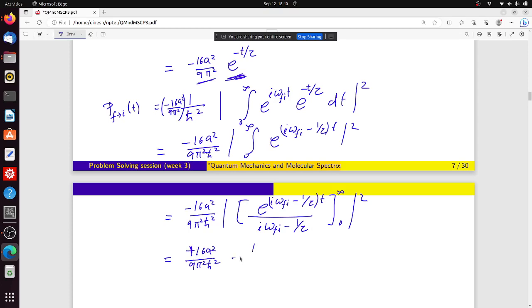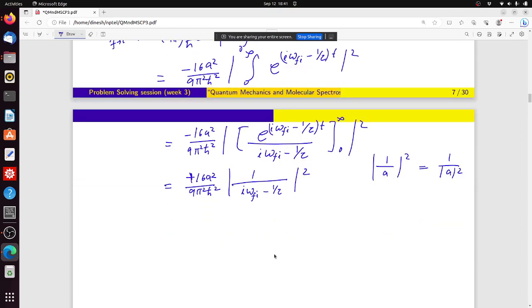So this is 1 over i omega fi minus 1 over tau, mod square, right? So 1 over A mod square is nothing but 1 over mod of A square, right?